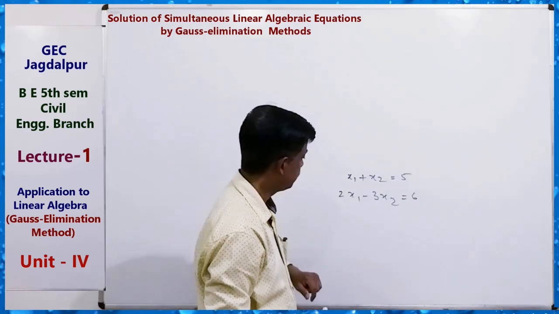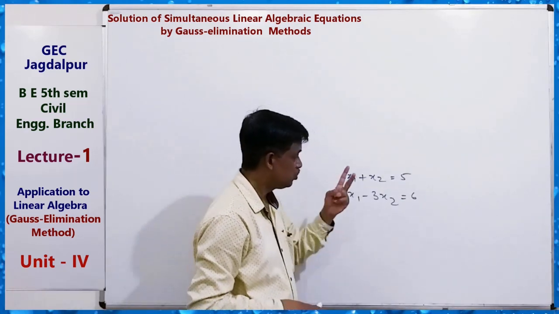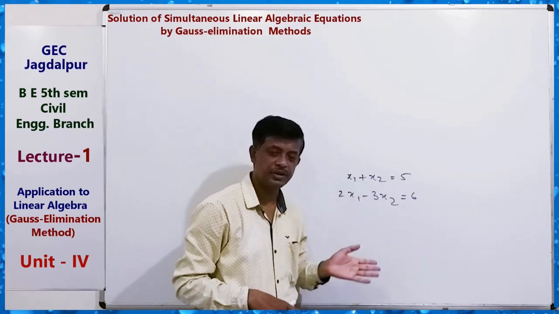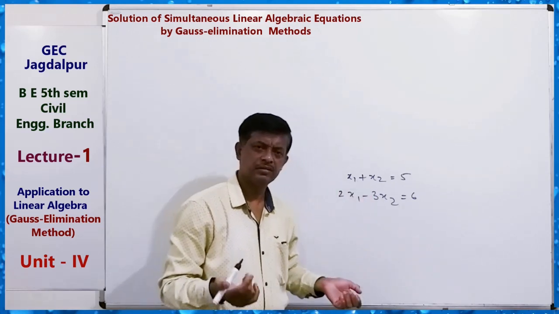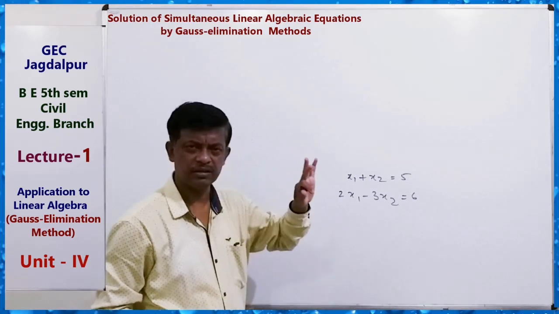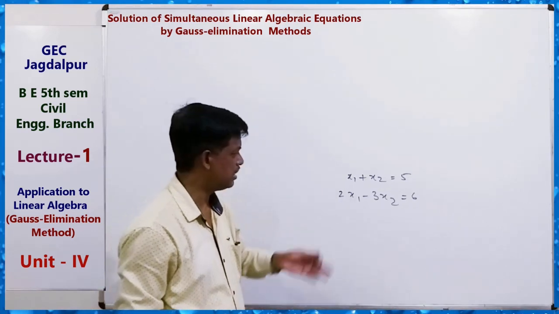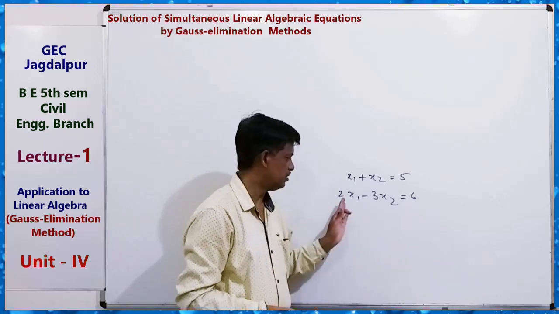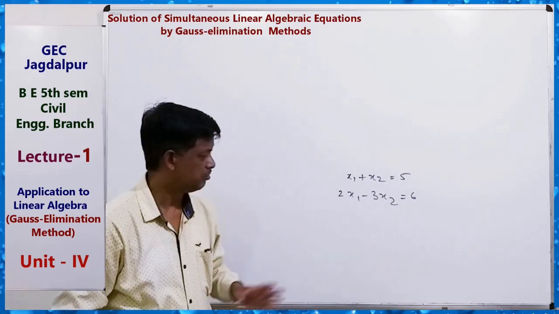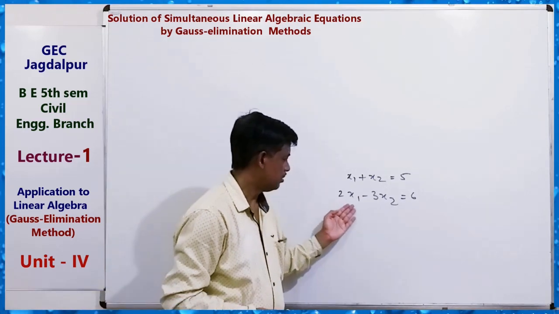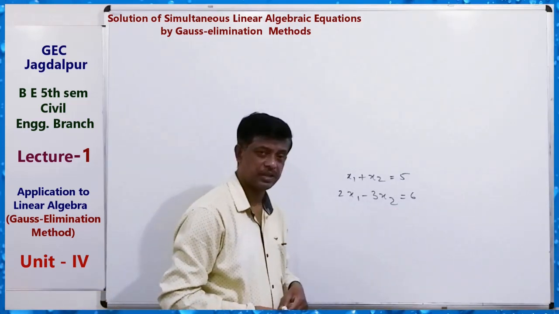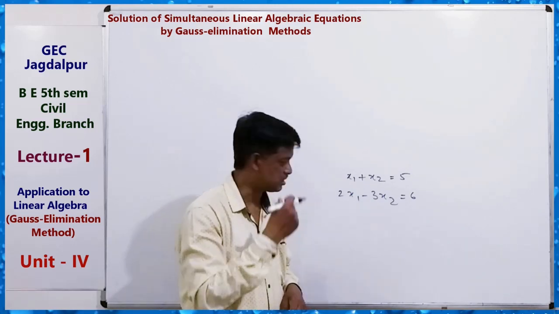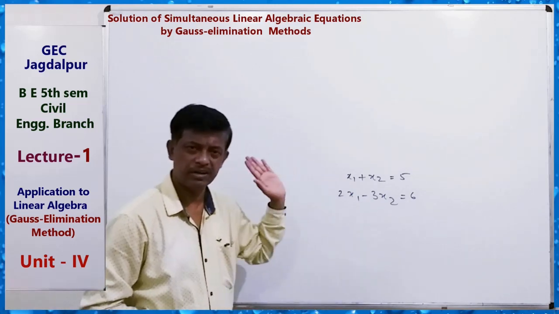If we have two linear equations in two unknowns, then we can solve them by many methods: adding, subtracting, multiplying, eliminating one variable, the cross multiplication method, the substitution method, the elimination method. In lower classes you have already studied these.